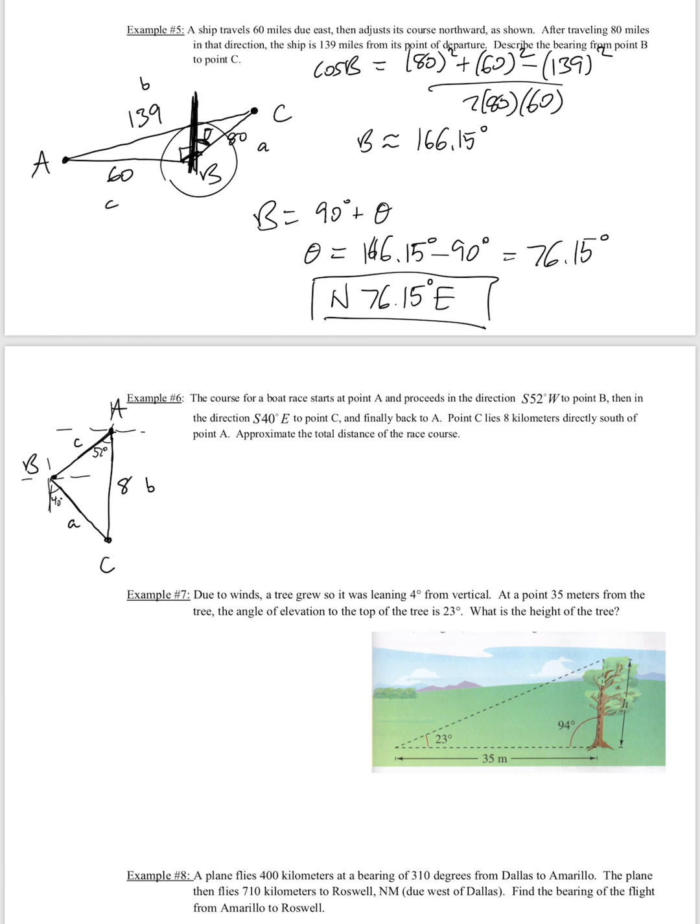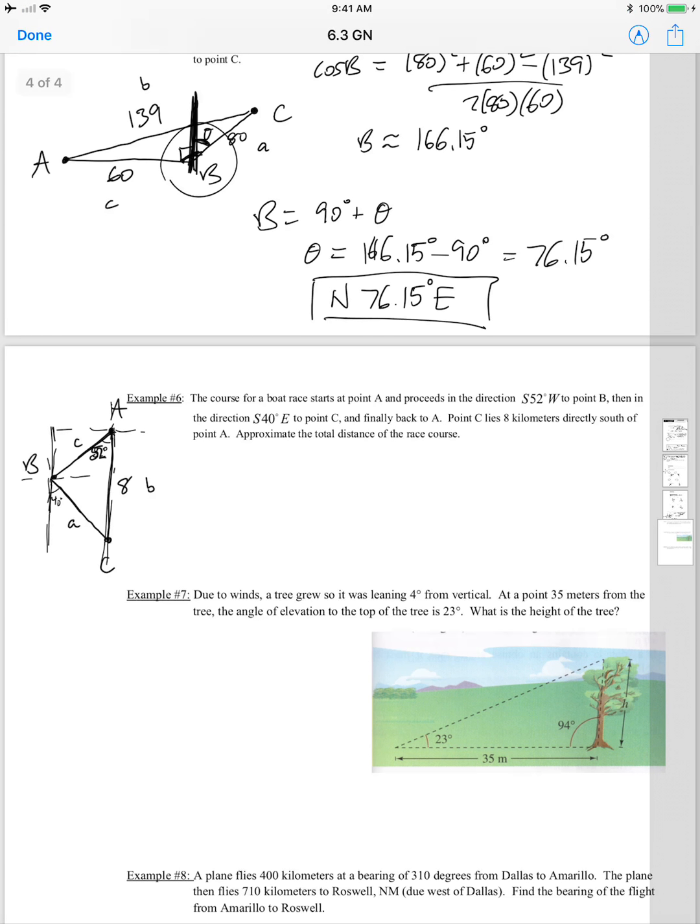So, how can I do that? Well, I have this one angle here, luckily, 52 degrees. I need 2 other angles, B and C. This is what I mean when I say that you'll need to remember your angle rules from geometry. So if I look here, I have 2 parallel lines.